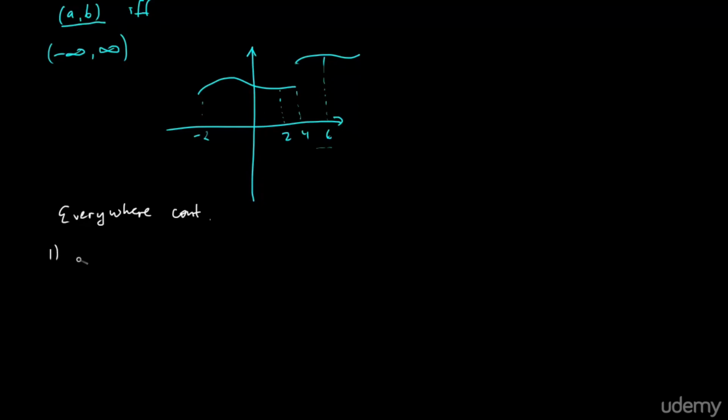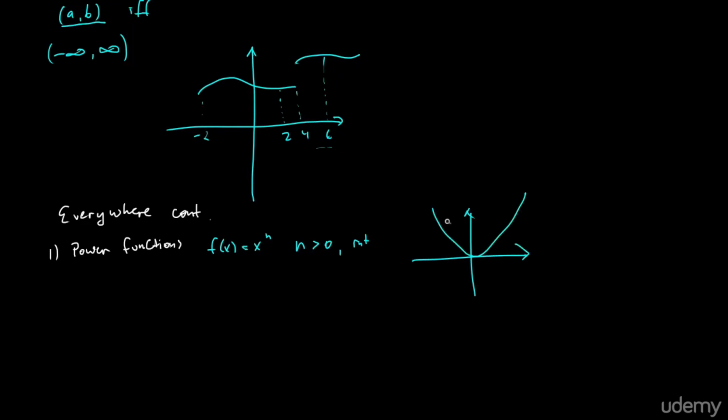So first of all, the power functions. If you have f of x equals x to the n, where n is positive and an integer, then this power function is continuous. You can think of, for example, the function x squared, it's everywhere continuous.